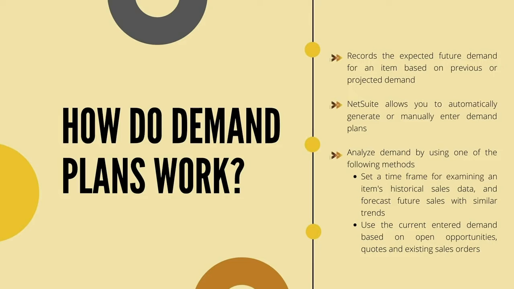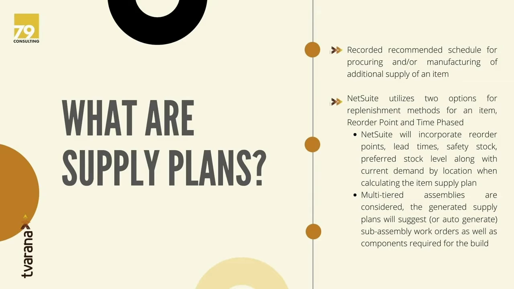On the other side of that, we have the supply plans. Supply plans are the recorded recommended schedule for procuring and/or manufacturing additional supply of an item. NetSuite utilizes two options for replenishment methods for an item, which are reorder point and time phased.